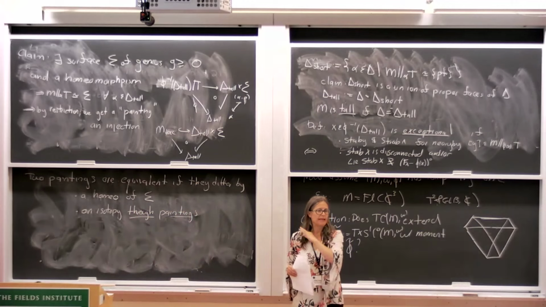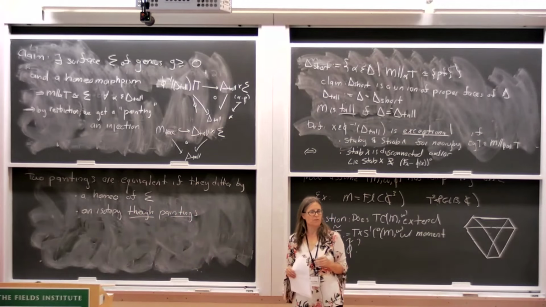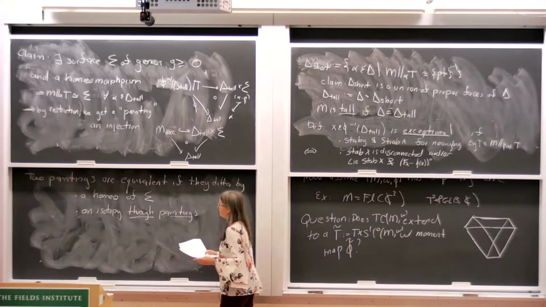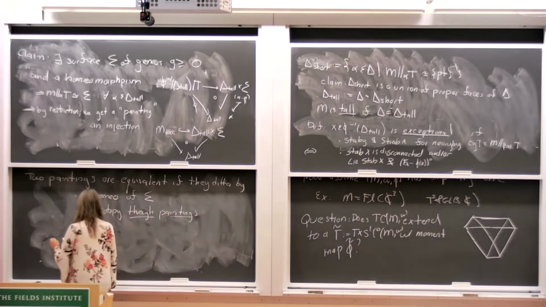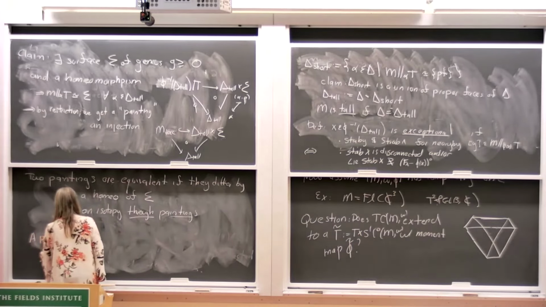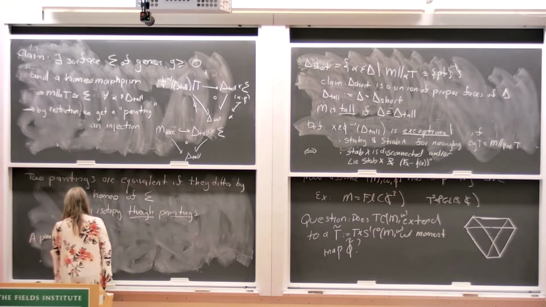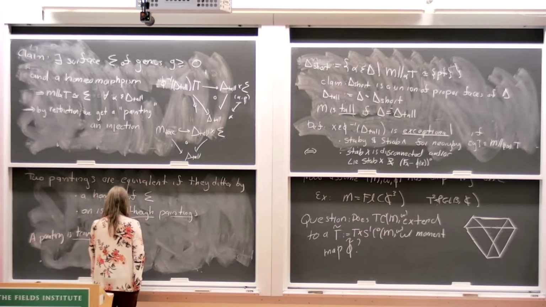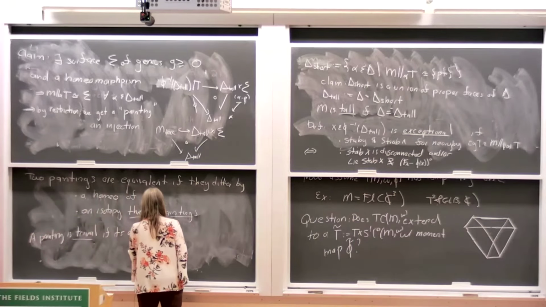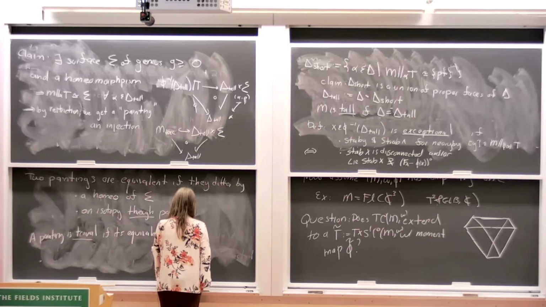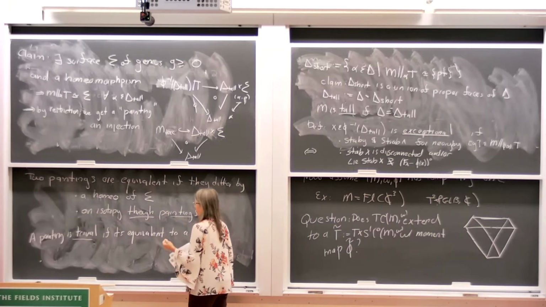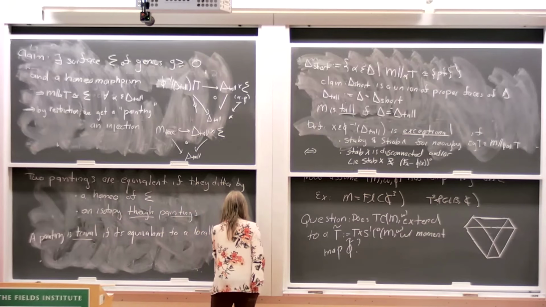I insist it always be an injection at all times and always preserve the first coordinate. And I'm going to say that a painting is trivial if it's equivalent to a locally constant painting in sigma.